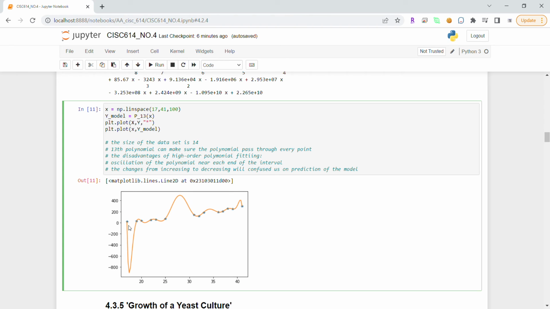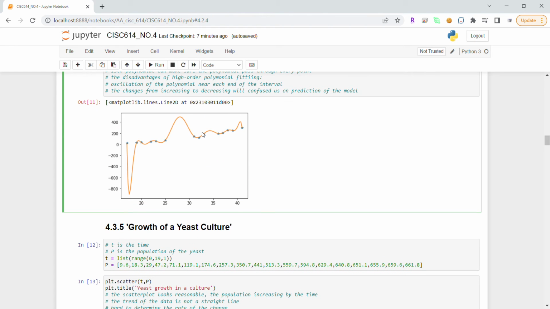There are several oscillations of the polynomial near each end of the interval. The change from decreasing to increasing will confuse us when we do prediction with the model.